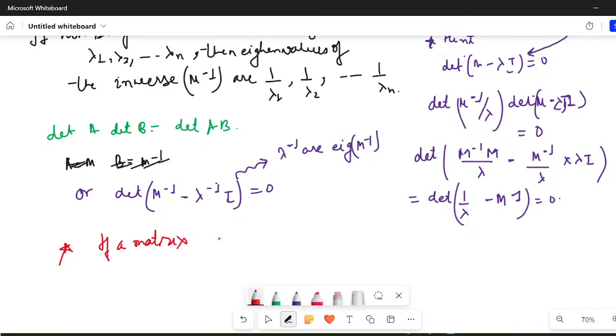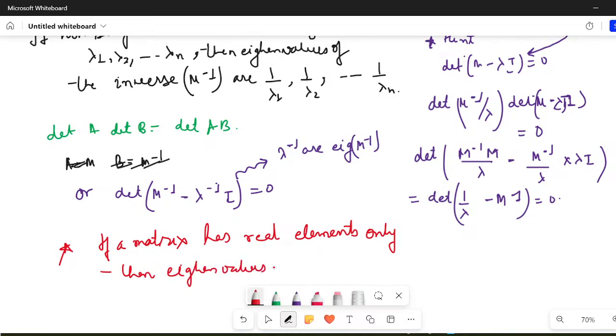If a matrix has real elements only, then eigenvalues may or may not be real. It is not always necessary that if all the elements are real, then eigenvalues are also real. So just keep it as a note.